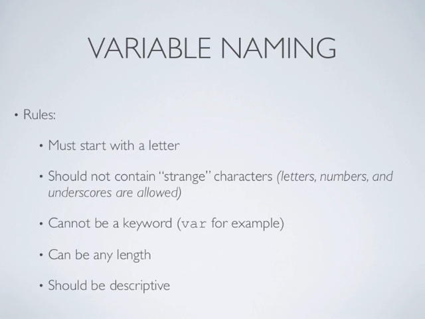It's actually possible to make variables work if you do include those strange characters, but it becomes very, very inconvenient and isn't really worth the effort. So you should generally stick to the rule of making sure that every variable name you create starts with a letter, and then after that only contains letters, numbers, and underscores.